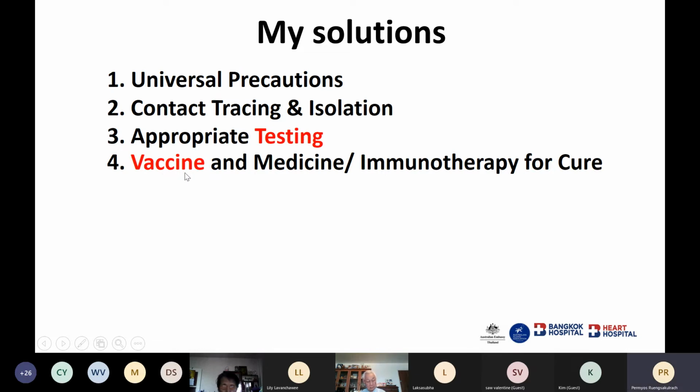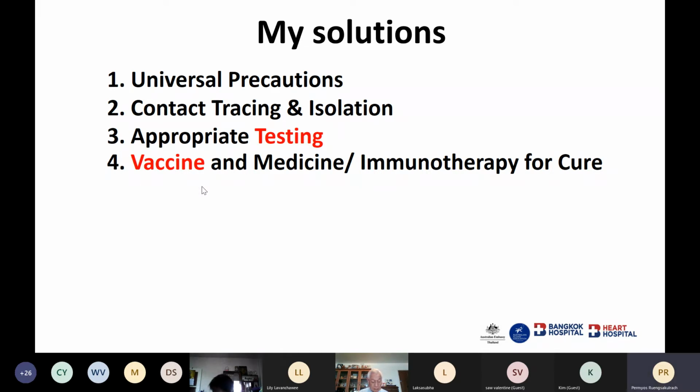And do the vaccine. Vaccine still has some benefit now, even though it cannot eliminate the infection. It helps to reduce death and severe disease still, okay? But we will need a new vaccine soon because the virus keeps mutating.